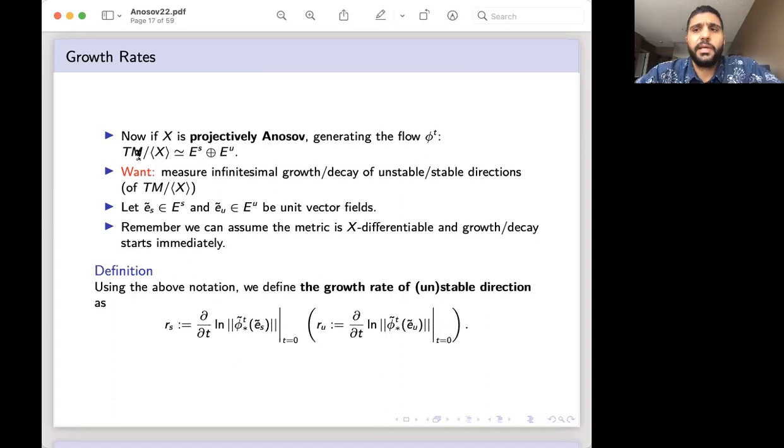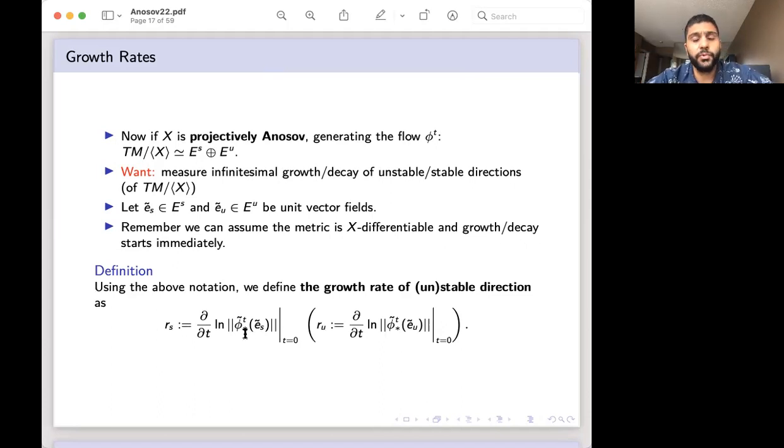And I can very naturally define these growth rates, RS and RU, in the following way. So I define RS as the derivative of a logarithm of the magnitude of the push forward of this ES. Remember that the flow phi induces a flow on this normal bundle, which is called the Poincare linear flow.